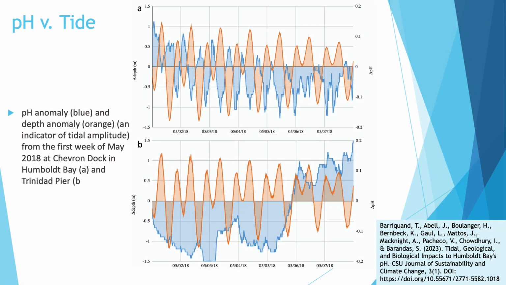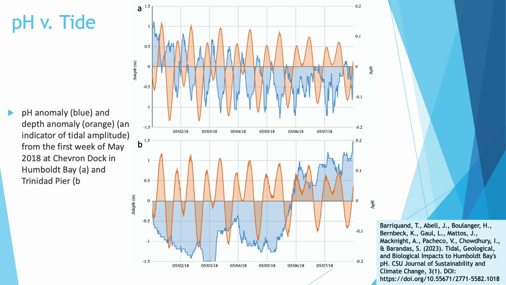And so to look at that, the first thing I want to point out is this graph here. Very cool, fun graph for a Friday afternoon. The top is in Humboldt Bay, and we wanted to have a comparison. So the comparison here is at Trinidad.